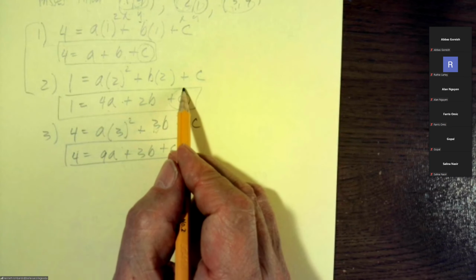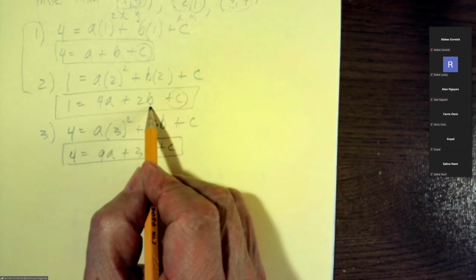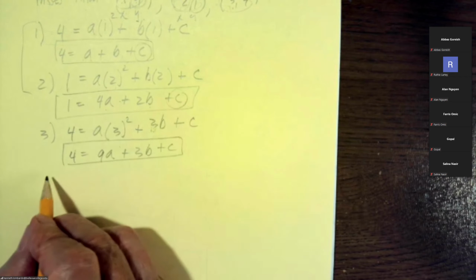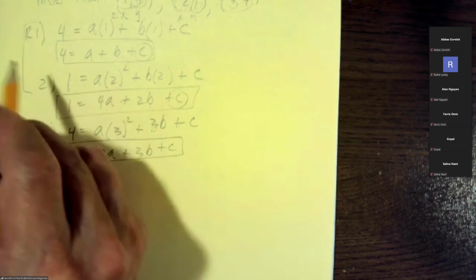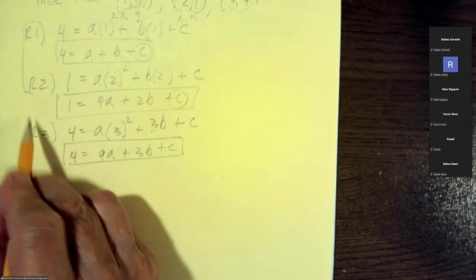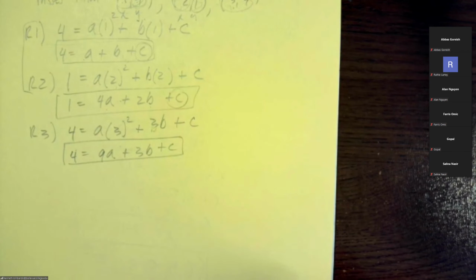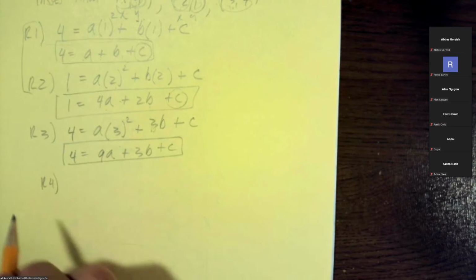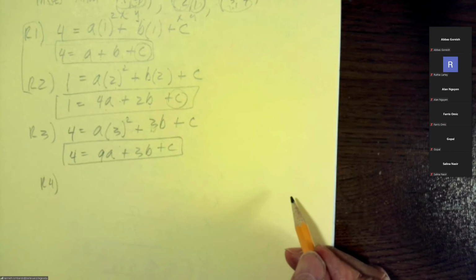So if we multiply equation 2 by -1, or just subtract it, either way we want to look at it, we could develop a new equation. I'm going to call them row 1, row 2, row 3 instead of equation 1, 2, and 3, because we're going to later put them into matrix terms, which would be rows and columns. So let's say we develop a row 4 equation, the fourth equation.